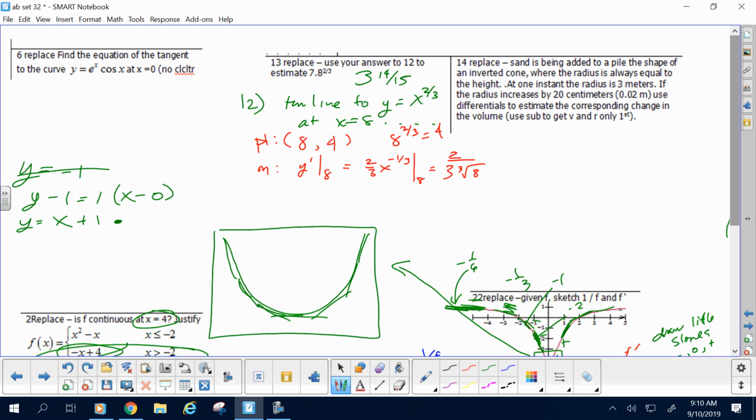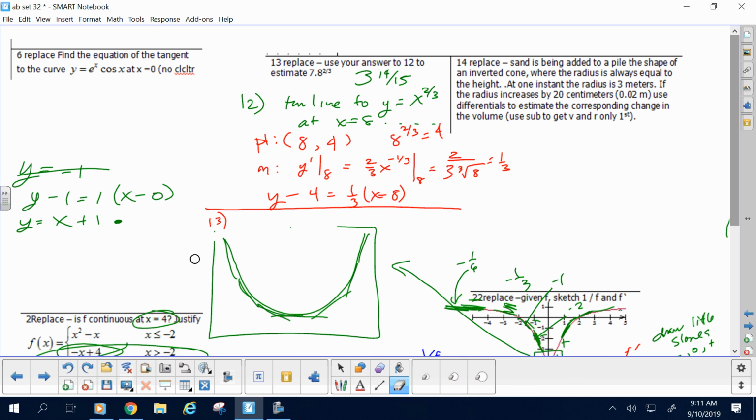What is 2 over 3 times the cube root of 8? 1/3. So my tangent line is y minus 4 for the point, 1/3 for the slope, x minus 8. That's the ending point to 12, yeah?